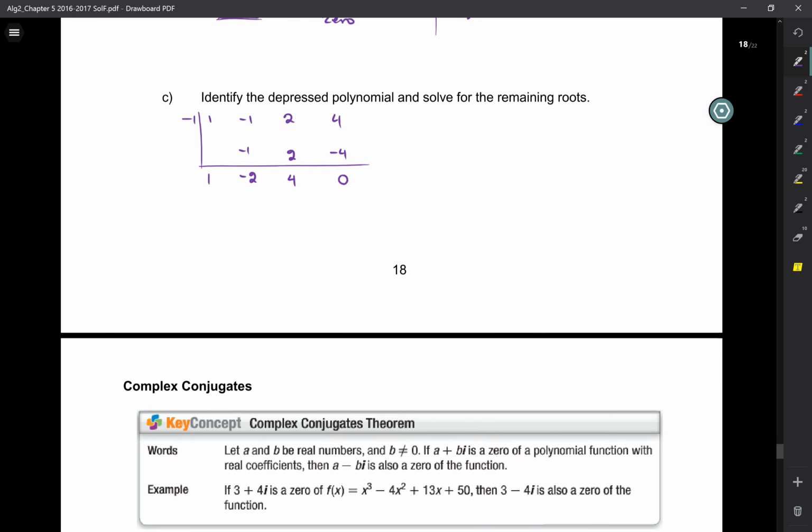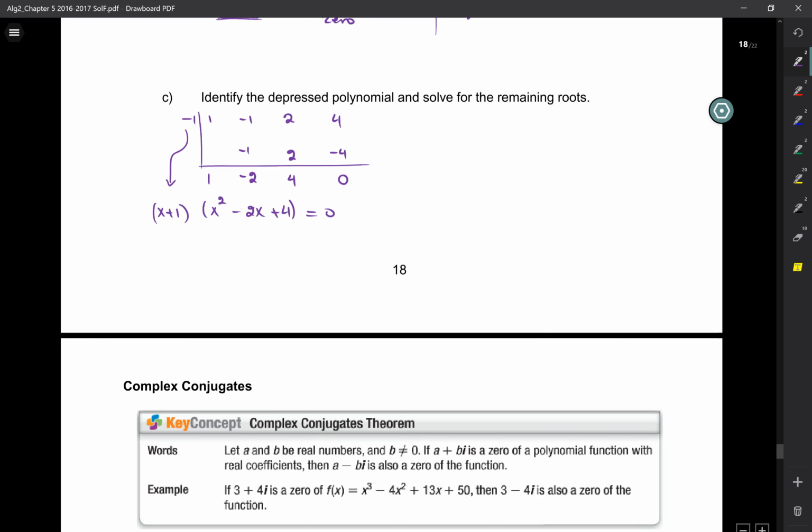All right, so from this, what are we going to get? Well, x plus 1 first, then x squared minus 2x plus 4 equals 0. Okay? This can't be factored, so I have to use the quadratic formula on this.